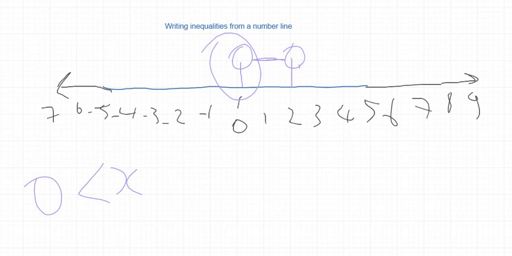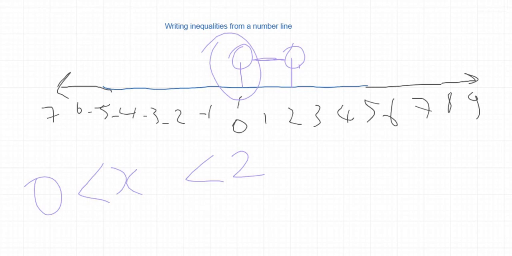It is at 2, but it is not closed at 2. And it is heading down from 2. So x is less than 2. So we read x is greater than 0 and less than 2. If you choose any one of these solutions between 0 and 2, it will make the inequality true. And so there you go.